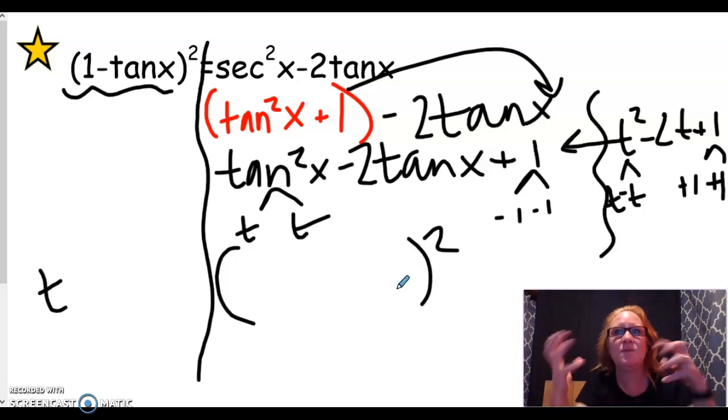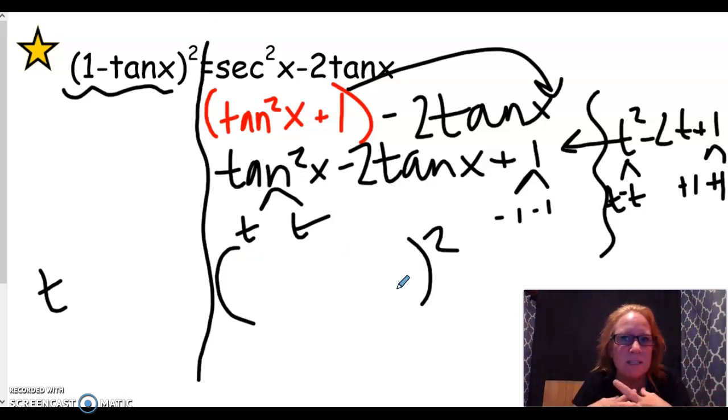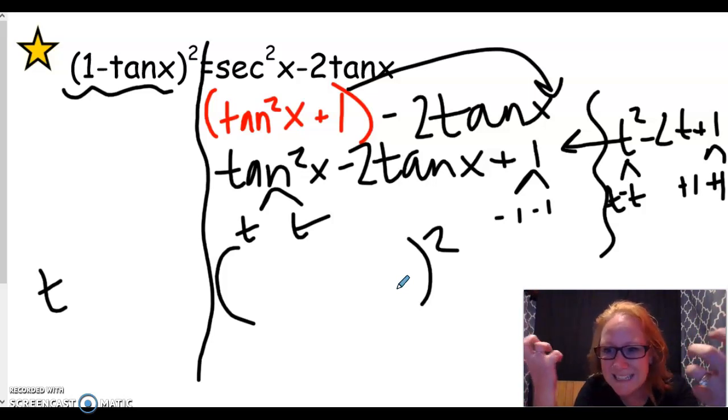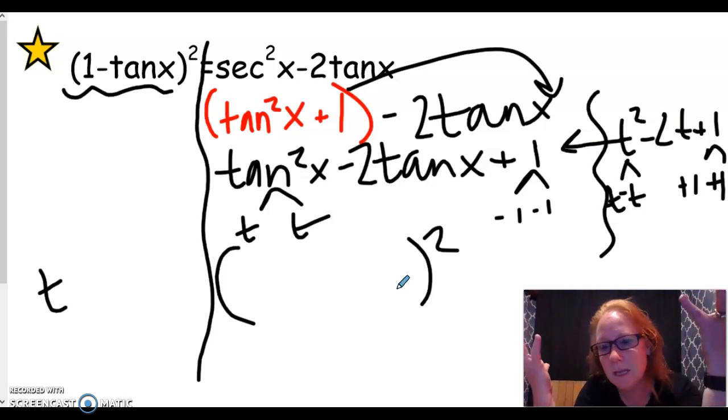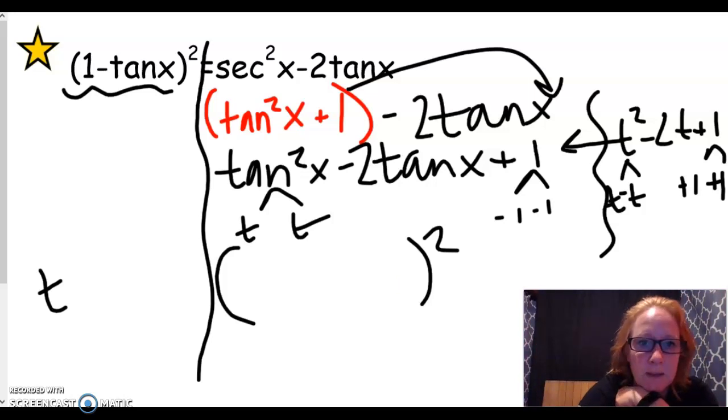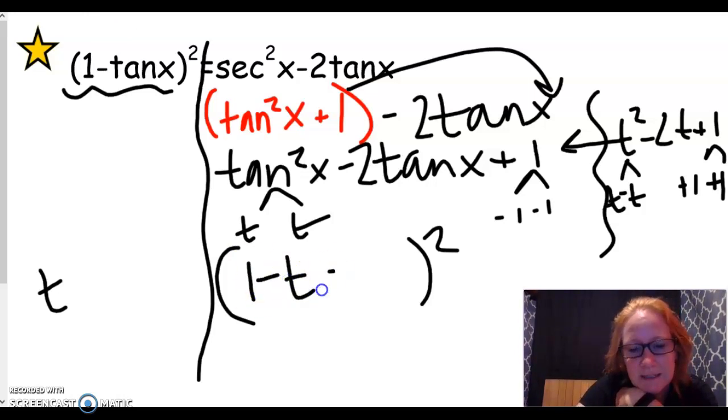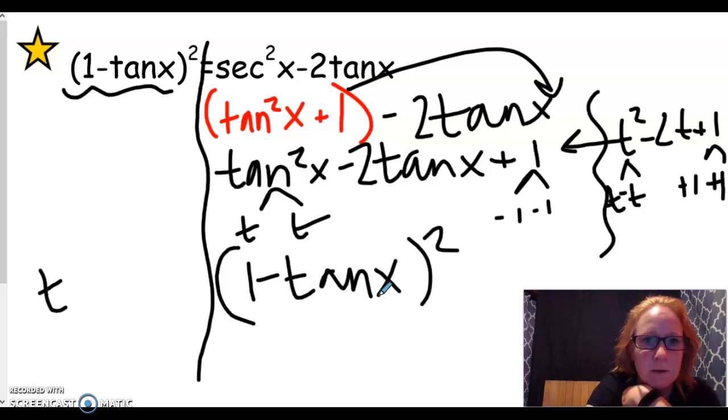That is legal, because when you square them, it doesn't matter who gets the negative. So 1 minus tangent x, all squared. Then at the end, we write that.